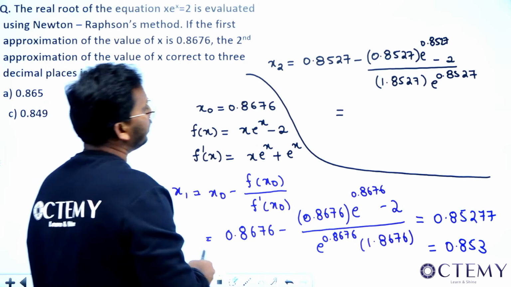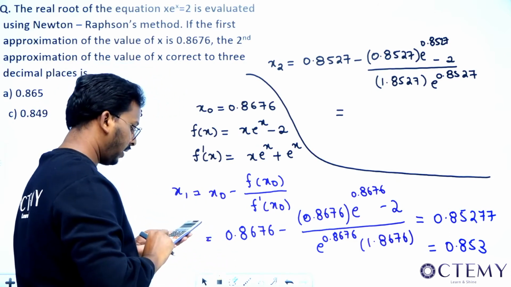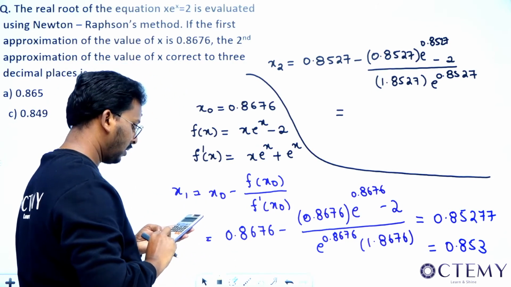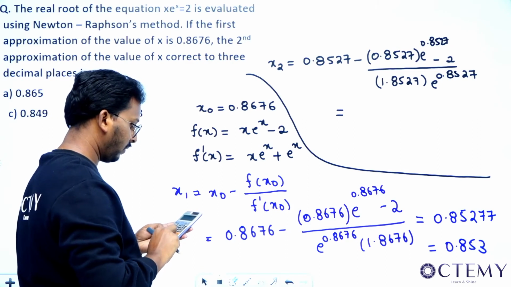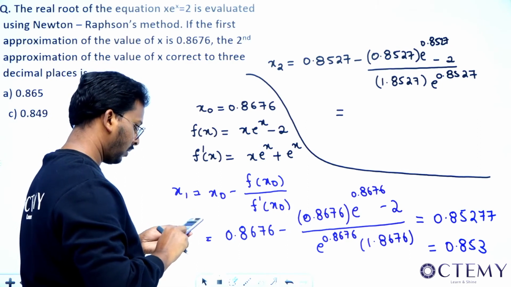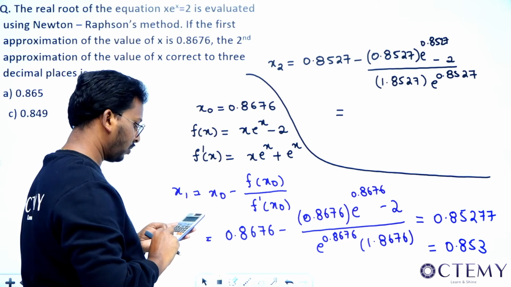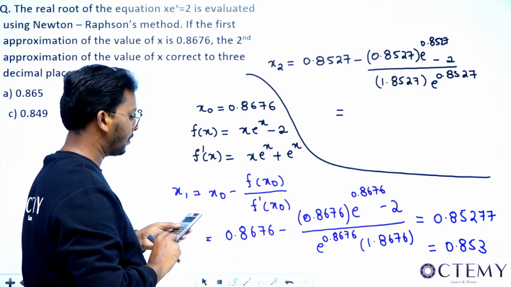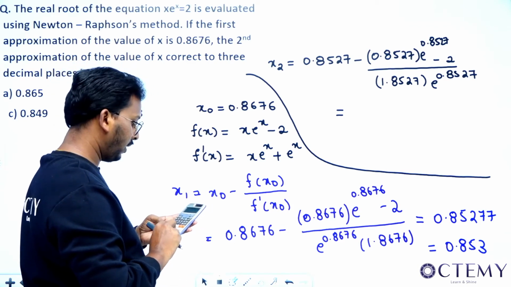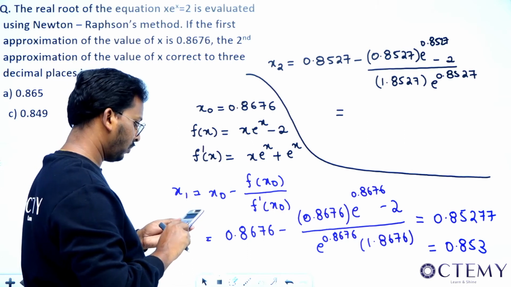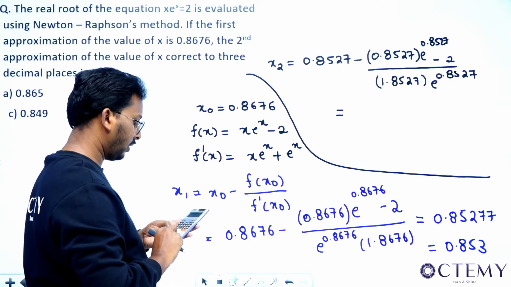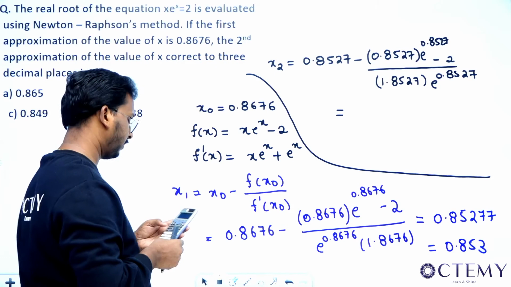You should get 0.8527 minus 0.8527 into e power 0.8527 minus 2 divided by 1.8527 into e power 0.8527.